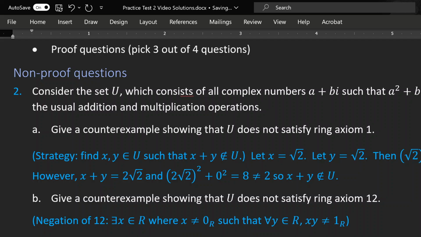Okay. So we don't even really have to solve for it if we're just doing regular real numbers. Multiplicative inverse of x would be 1 over x, which is 1 over square root of 2.